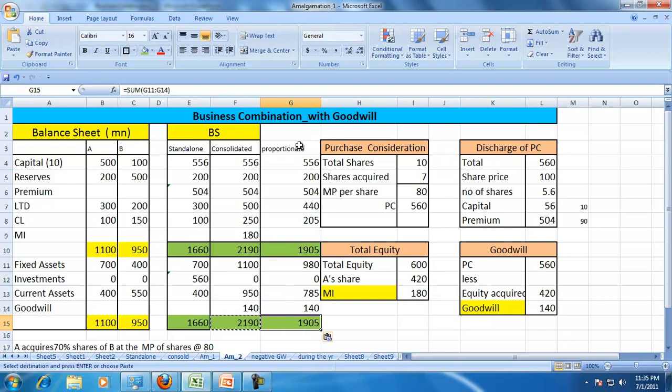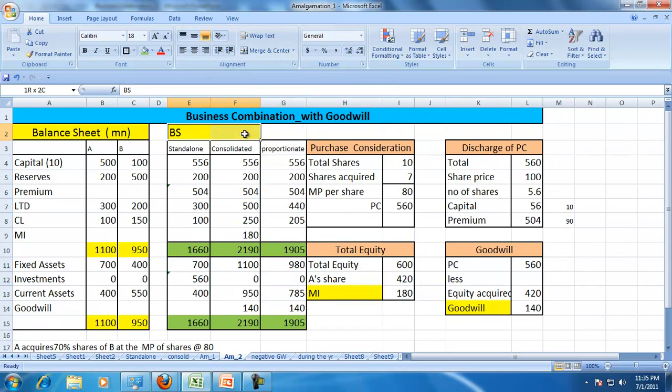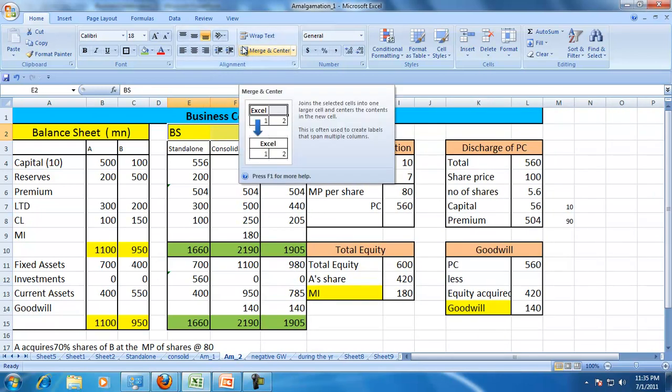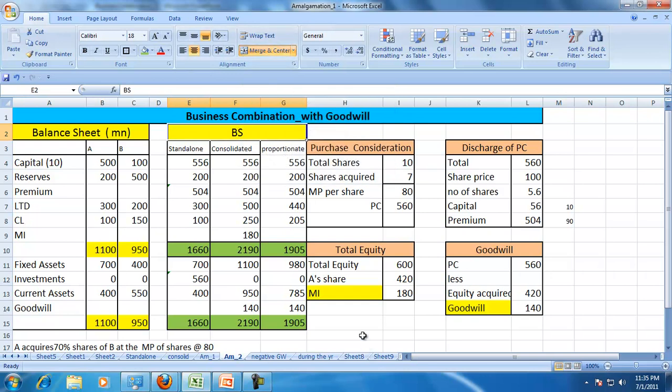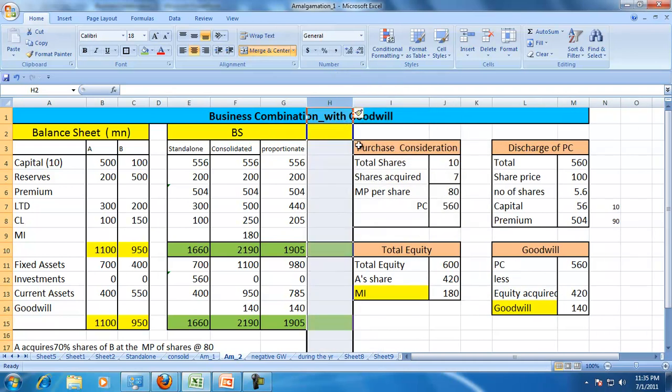In this case, we are not showing the minority interest because it is not required, and it is not required because you are making a proportionate consolidation. What is proportionate consolidation?